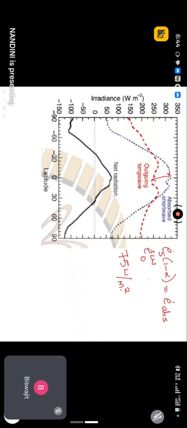And in the polar regions, the outgoing longwave radiation is higher compared to the absorbed shortwave radiation. So there is more emission than absorption. Here it is positive over the equator, and over the polar regions we have around minus 100 watt per meter square.